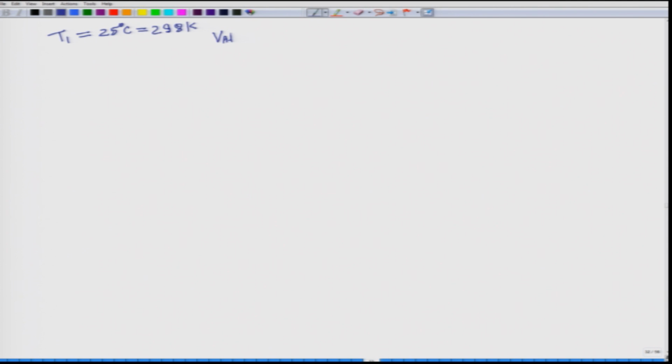So, VAL by Na is equal to 7.38 into exp of minus 0.8, because delta HV is 0.8, and we will use kB in electron volt per Kelvin. So, it is 8.617 into 10 to the power minus 5, and the temperature, as we said, is 298.